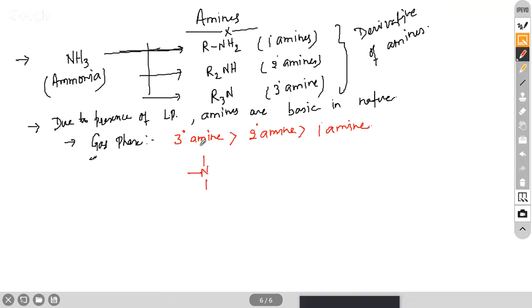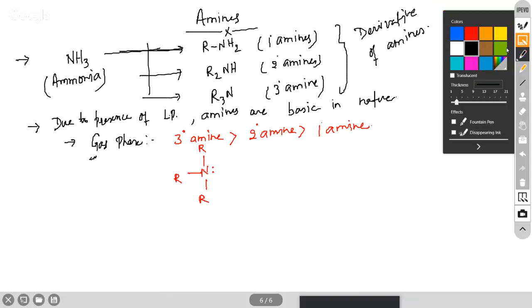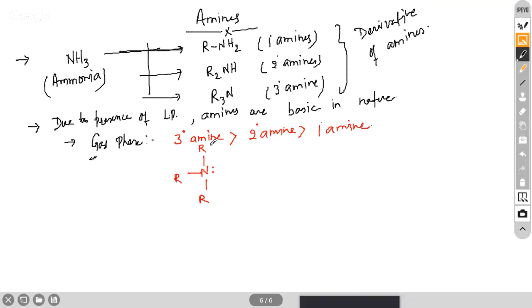Tertiary amine has one lone pair on the nitrogen atom, and the tendency to lose a lone pair is nothing but basic nature. All these alkyl groups have a plus I effect, so the electron density on nitrogen increases as the number of alkyl groups increases, and hence the tendency to donate the lone pair of electrons is maximum. And that's why the basicity order is found to be this.